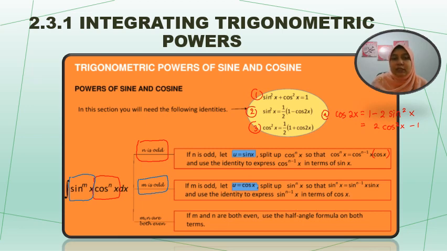So we split up the sine x to the power of m, so that sine x to the power of m equals sine x to the power of m minus 1 times sine x, and use the trigonometric identities to express the sine x to the power of m minus 1 in terms of cos x.